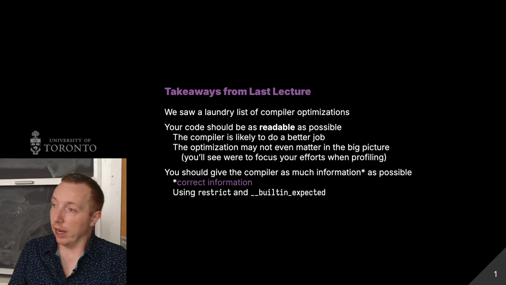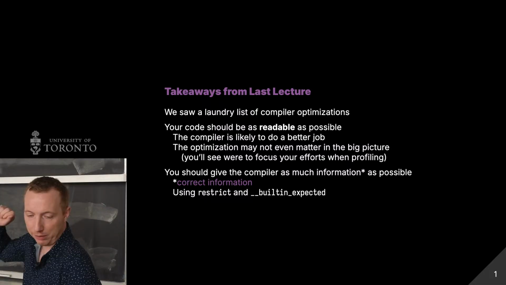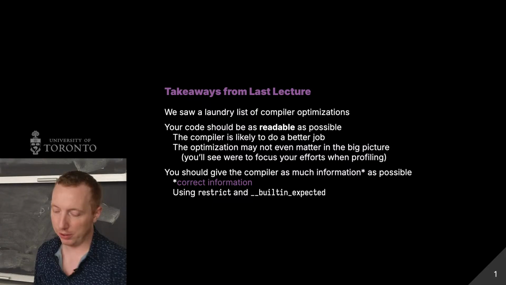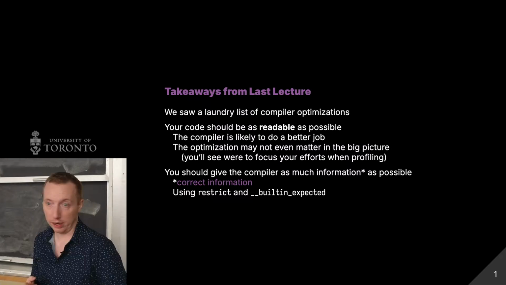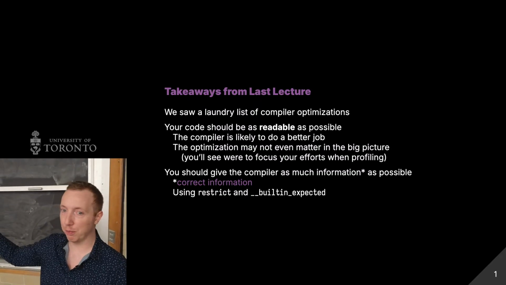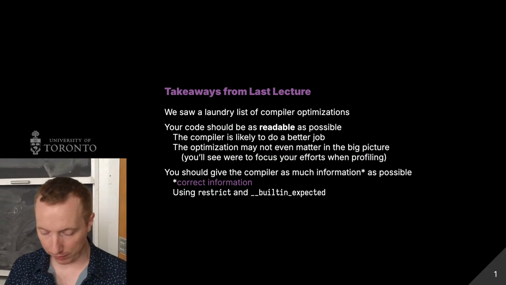And again, remember, optimization is the root of all evil. Even if you try and optimize something, you might just be completely wasting your time. The compiler will actually do a better job of it. So the goal of profiling is to focus in where you're going to make all of your performance efforts.